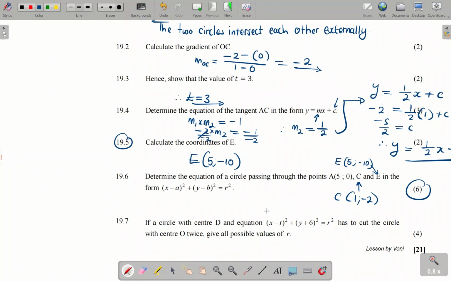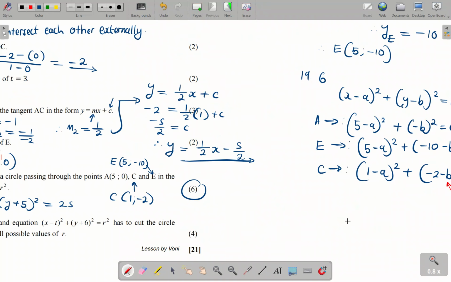So it means now this equation is just going to be x. Okay, let me write it below so that it doesn't seem like it was the one that they asked us here. So maybe let me just write what we got here: x minus 5 squared plus y plus 5 squared, which is equal to 25.